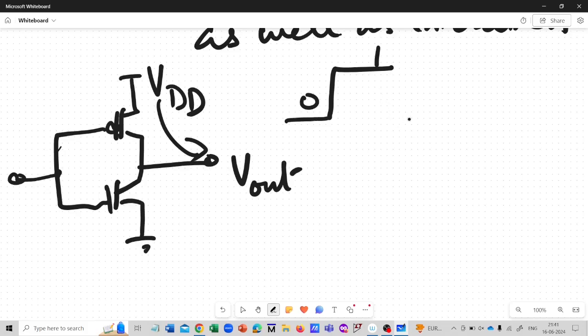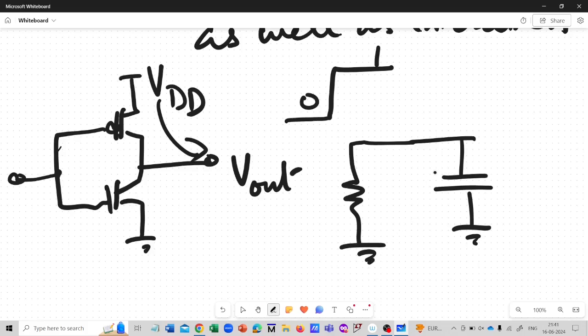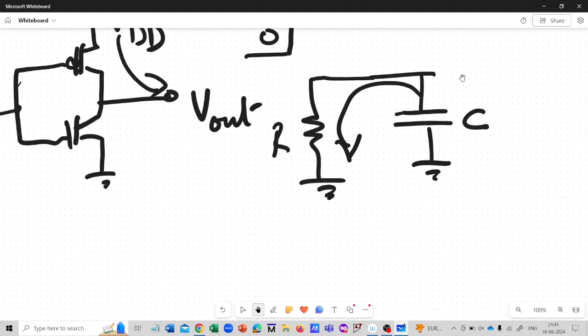So this transition or this switching can be roughly modeled as the discharge of a capacitor. The capacitor initially is charged to VDD and it discharges through the NMOS transistor. So we are replacing the NMOS transistor by its equivalent resistance. So essentially you can see that what happens is a discharge of a capacitor.